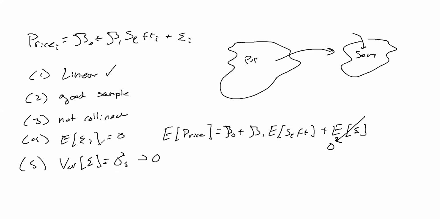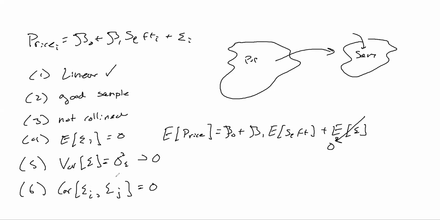The final assumption talks about autocorrelation or serial correlation. The sixth is that the error term is uncorrelated across observations. This means the correlation between the error terms for observations i and j is going to be 0, so there is no autocorrelation.